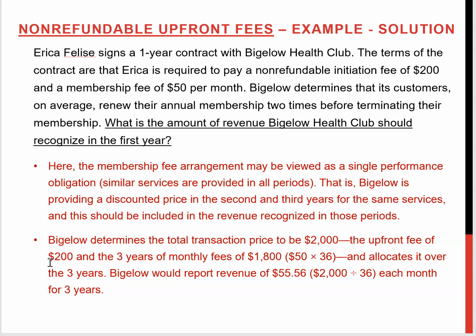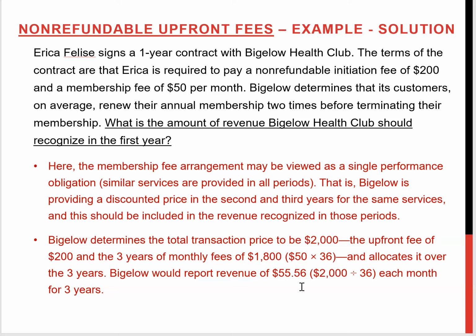So if we see the same trend for a new customer who continues the membership for 2 renewals, which means actually 3 years, they will receive 1,800 plus the upfront fee, altogether 2,000. Now this 2,000 we can project that they will receive from this new customer over the next 3 years. So we will allocate it, and per month if we divide by 36, we will get $55.56 each month.